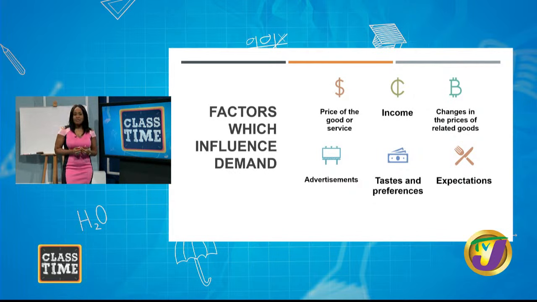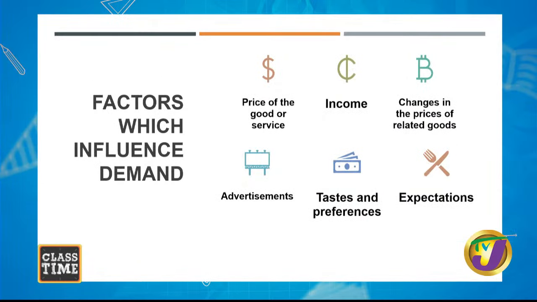Now, without the advertisement, you might not have made that demand. And it's also there for goods. So it's not just that type of service, but maybe you see some sort of food on the TV, it looks appealing, you say, hey, let me try it. Maybe if you didn't see the advertisement, you would not have bought it.